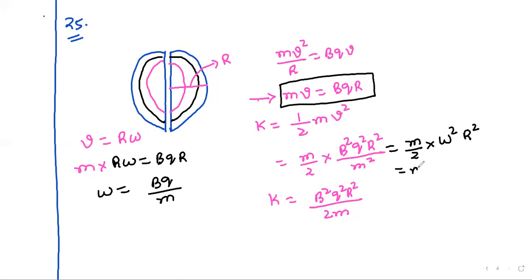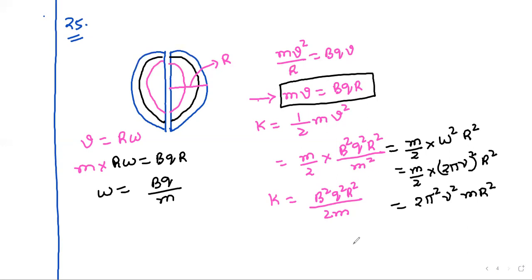This omega means 2 pi n or 2 pi nu, whole square into r square. So it is 2 pi square m nu square r square.